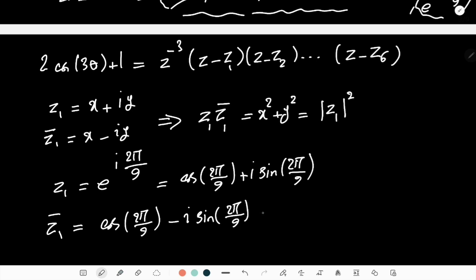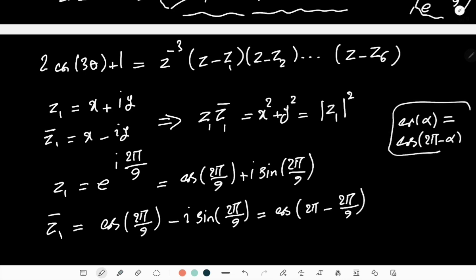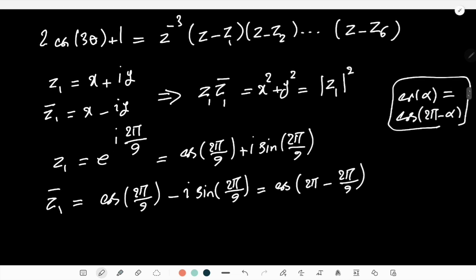We can say this is equal to cosine of 2 pi minus 2 pi over 9, because we know that cosine of alpha is equal to cosine of 2 pi minus alpha. In trigonometry, this relationship exists. And we take the minus inside the sine, so this is plus i sine of minus 2 pi over 9.